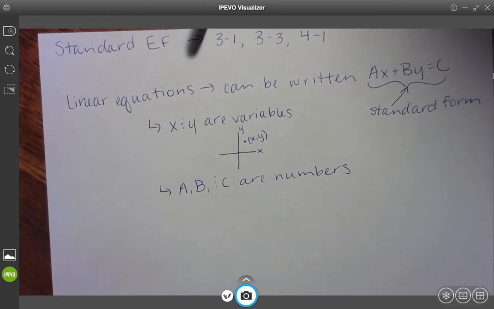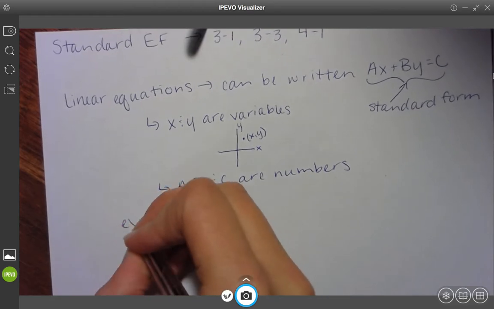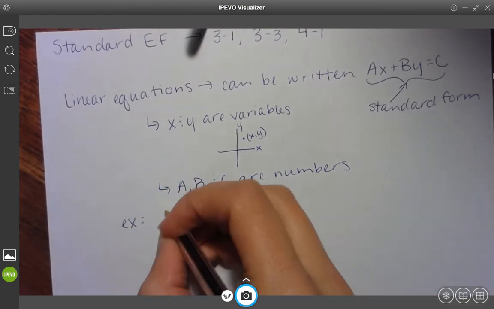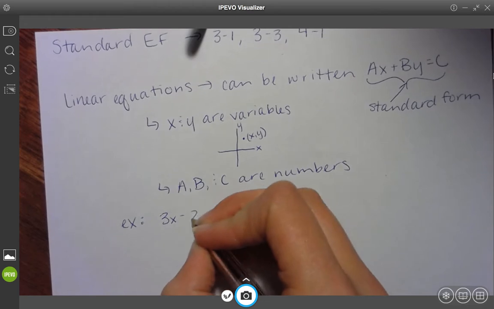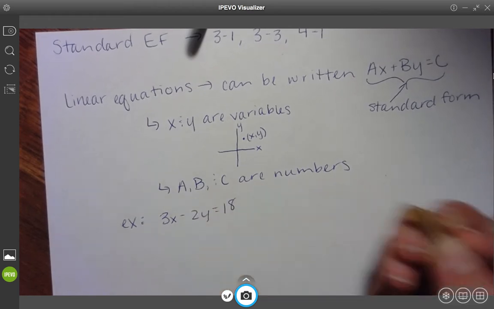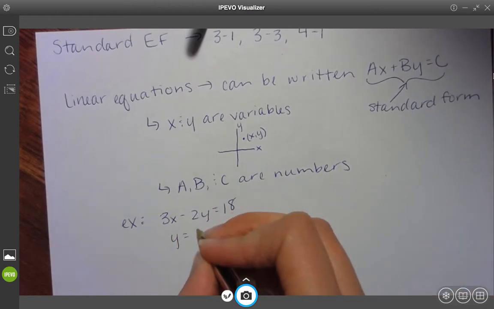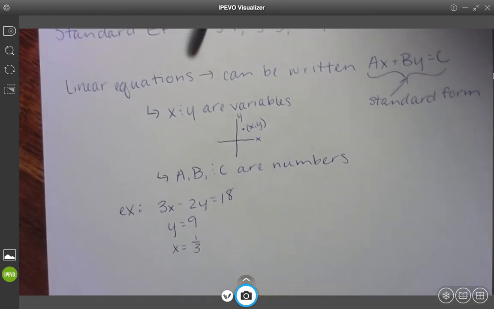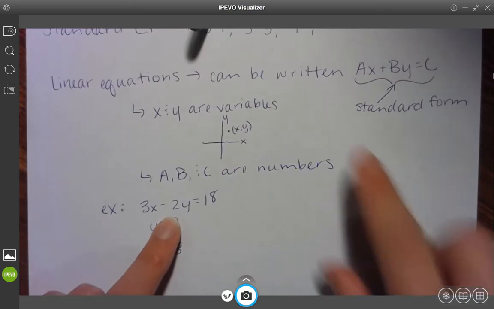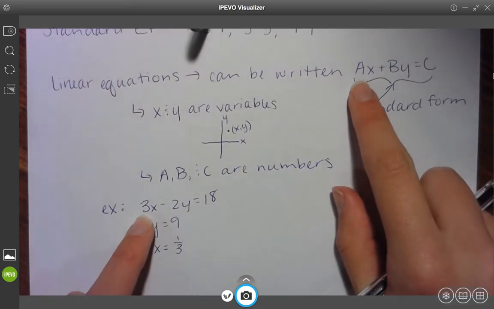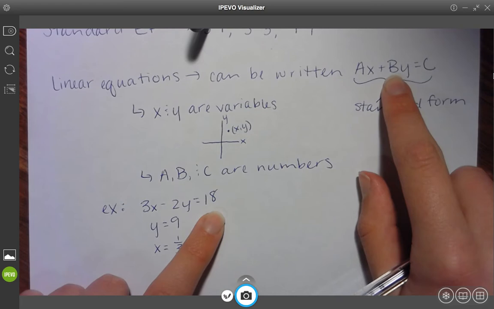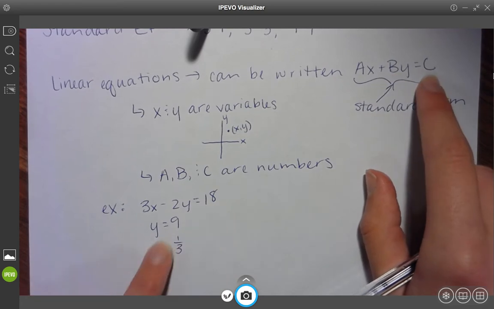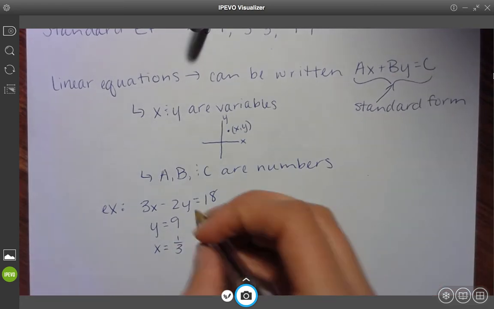So examples of linear equations would be 3x minus 2y equals 18, y equals 9, and x equals 1/3. This first one is easy to see in this form: a is 3, b is -2, c is 18. This one isn't as easy to see.